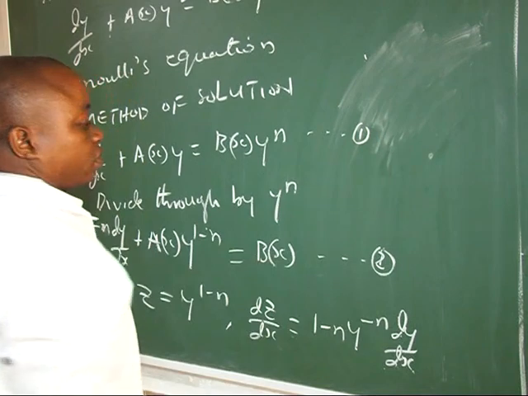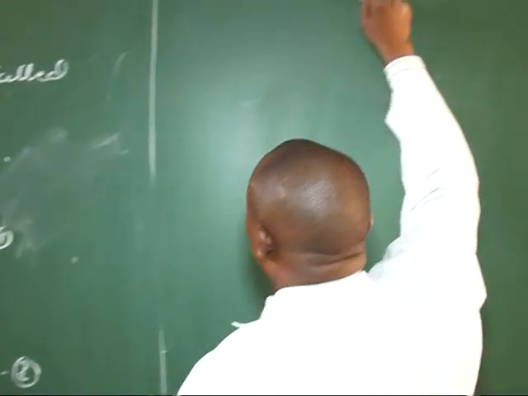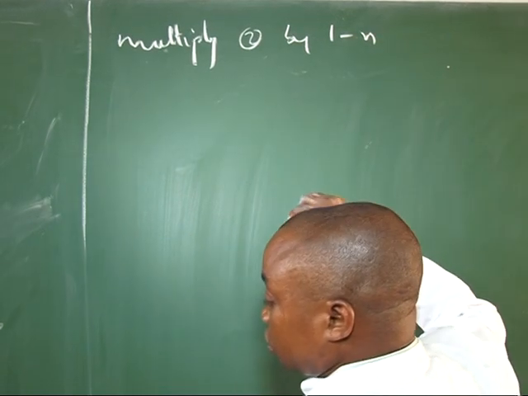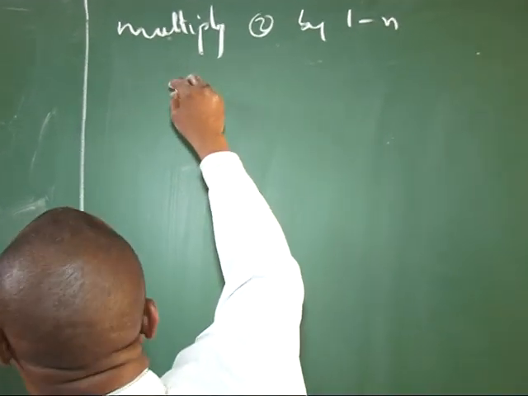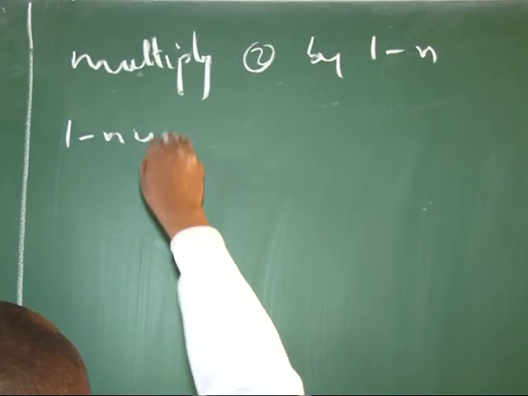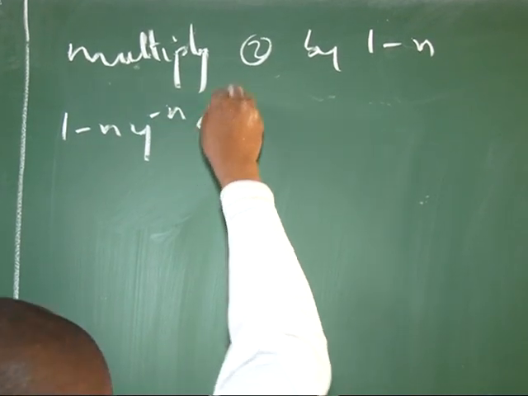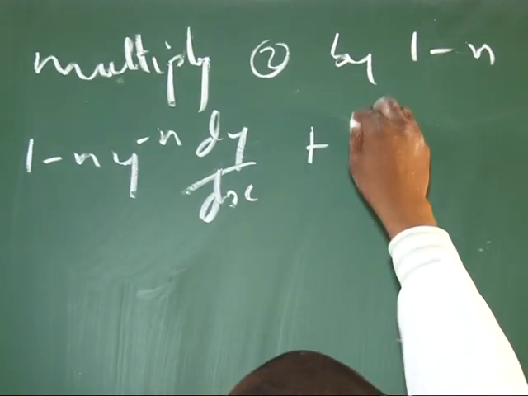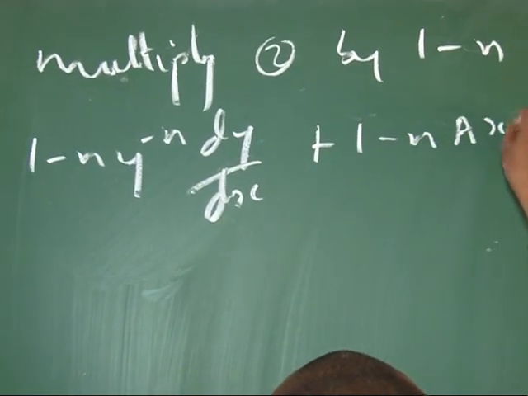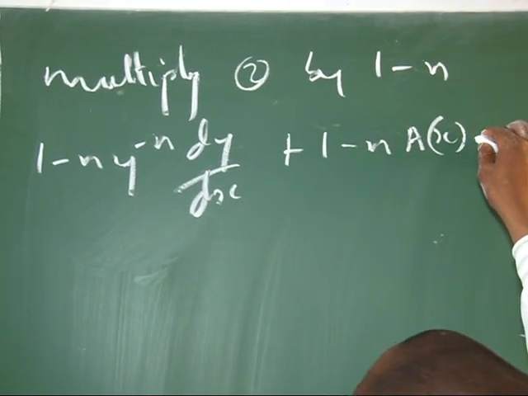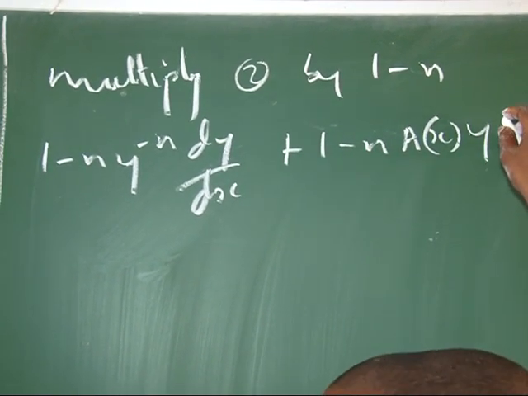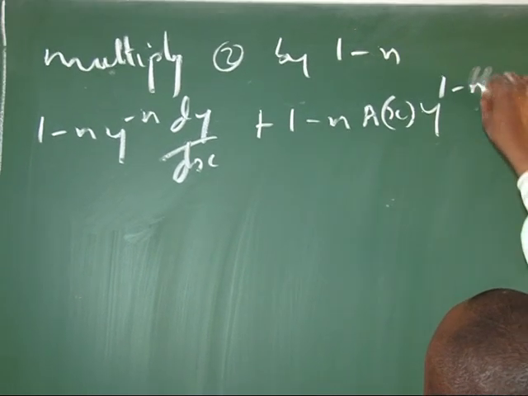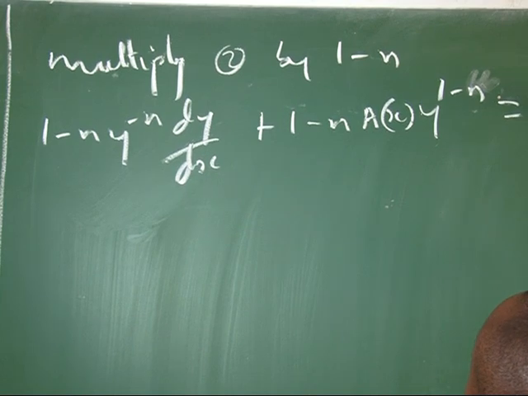This is 1. So multiply 2 by 1 minus n. And then I will have 1 minus n, y raised to minus n, dy/dx plus 1 minus n, a(x), y raised to 1 minus n will be equal to b(x).